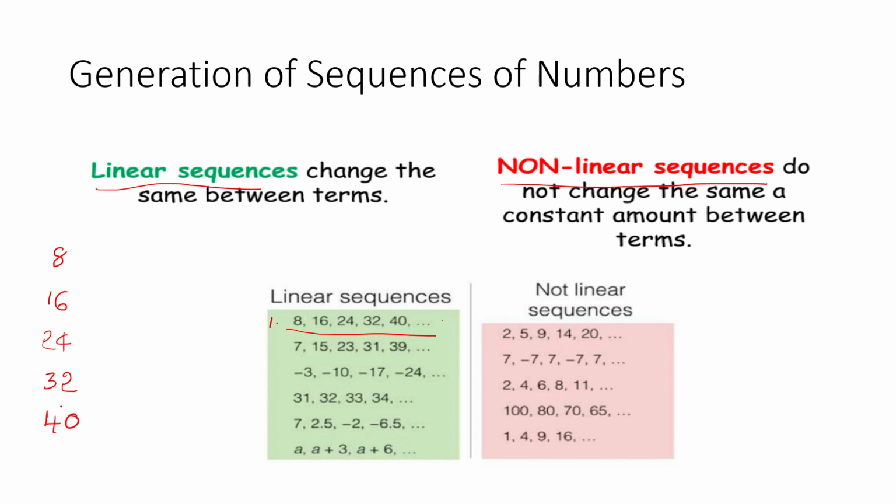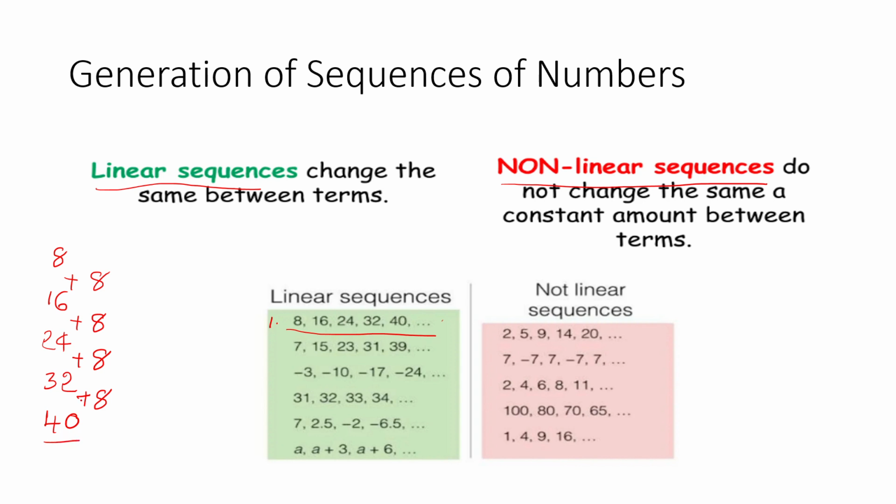Just look at this 8 and 16. Along with 8, when I add 8, I will get 16. Along with 16, when I add 8, I will get 24. Along with 24, when I add 8, I will get 32. Again, along with 32, when I add 8, I will get 40.